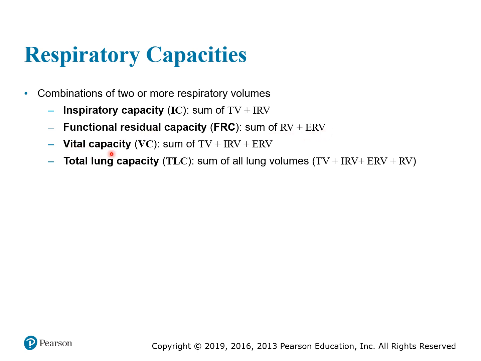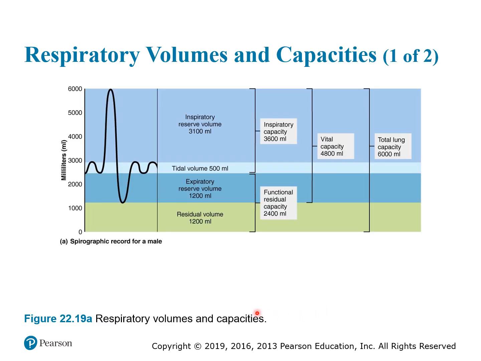Then we have vital capacity, the sum of tidal volume, inspiratory reserve volume, and expiratory reserve volume. And then the total lung capacity contains all of this. It is the sum of all the lung volumes: tidal volume, inspiratory reserve volume, expiratory reserve volume, and the residual volume.